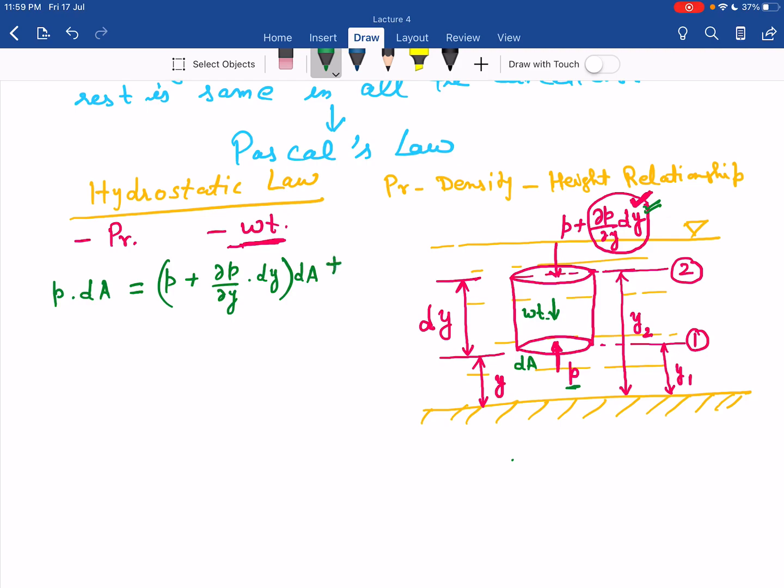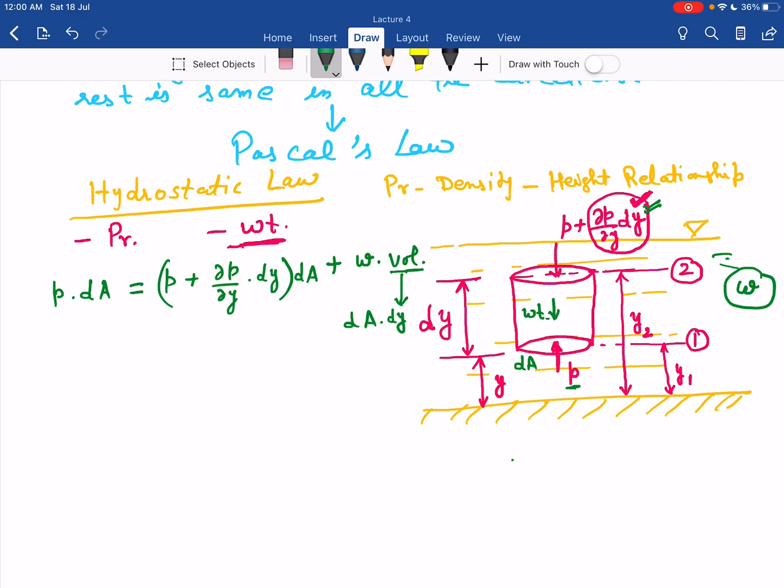Now the weight of this element is the specific weight of the fluid, say w, multiplied by the volume of the fluid. The volume of this cylindrical element is dA, the area, into the height dy. So w dA dy is the weight of the element.